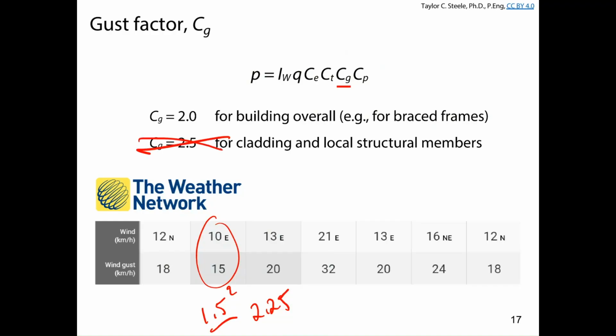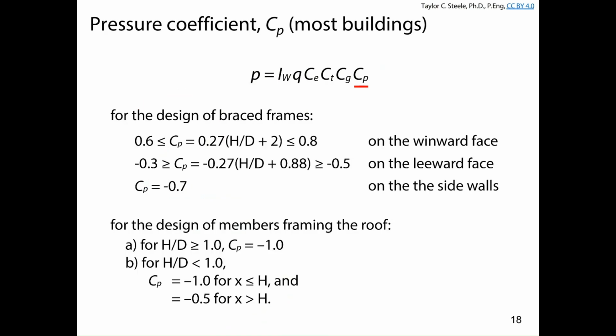Finally, we have this pressure coefficient, and what I want you to think about for pressure coefficient is aerodynamic. How aerodynamic is the structure that we're dealing with? Shorter structures are more aerodynamic than taller structures. And so a lot of this is going to be based on a height to width ratio.